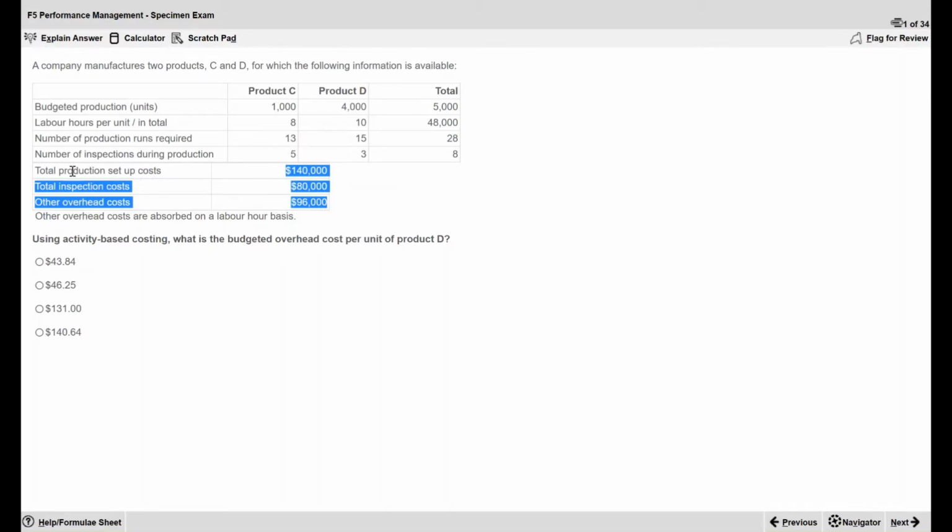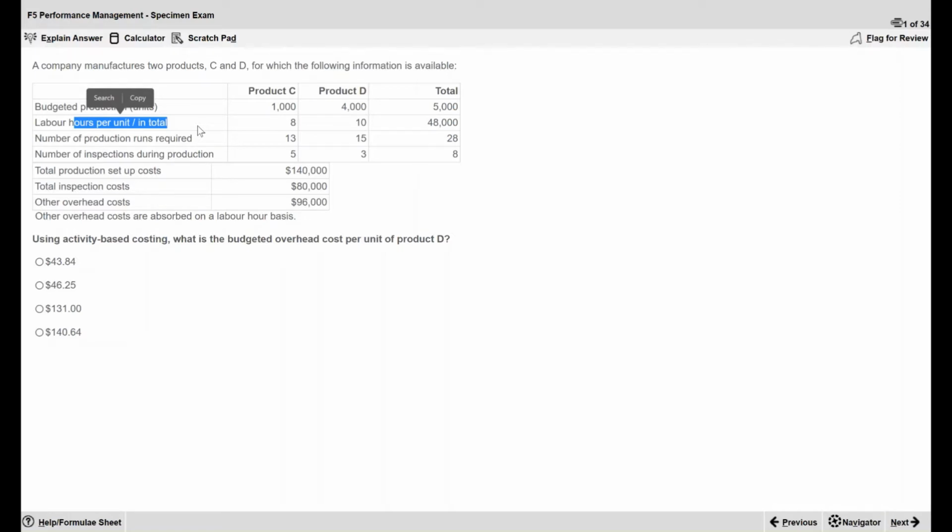We have the production setup cost, which you can link to the production runs, and then we have inspection, which you can link to the number of inspections, and then you have other overheads. We could use labor hours here, just like we do in absorption costing.